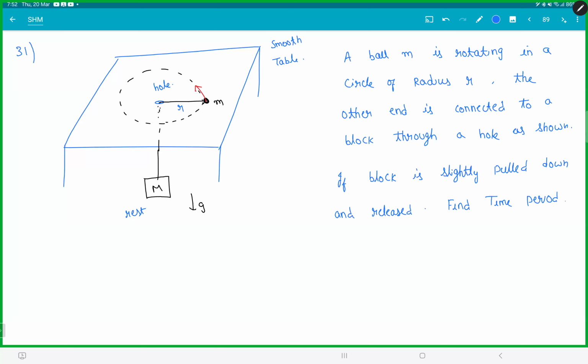Did you guys figure out why this thing is oscillating? If I pull this down, why is it going up again? See, when you are oscillating, what does it mean? If I pull it down, I want the block to go up. Someone must be pulling up. So what changed in order for this to go up?